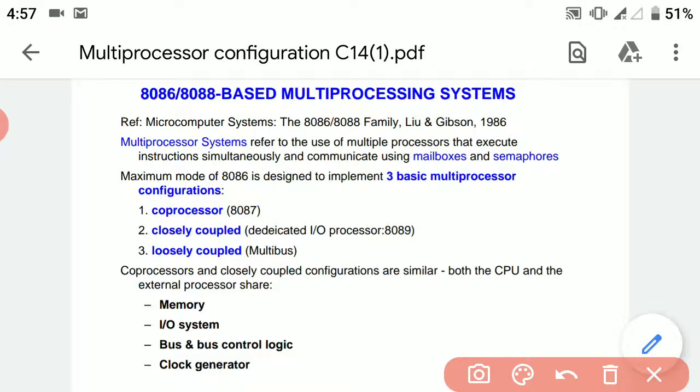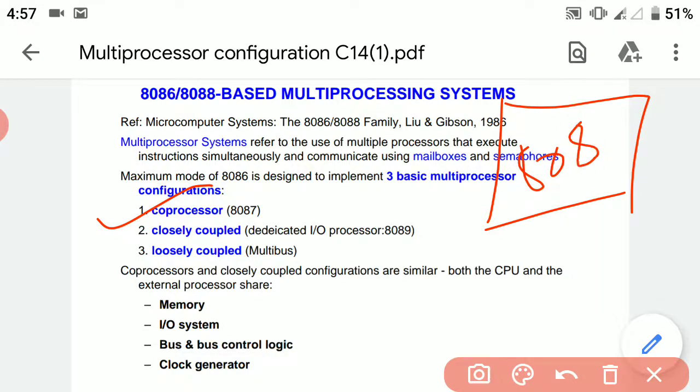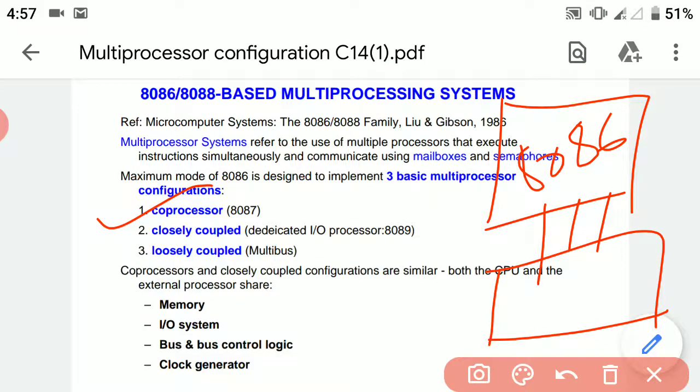In this coprocessor configuration, we actually interface the 8086, that is our main processor, with the 8087 coprocessor.